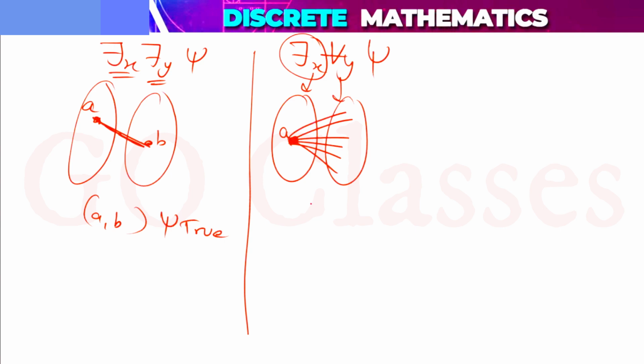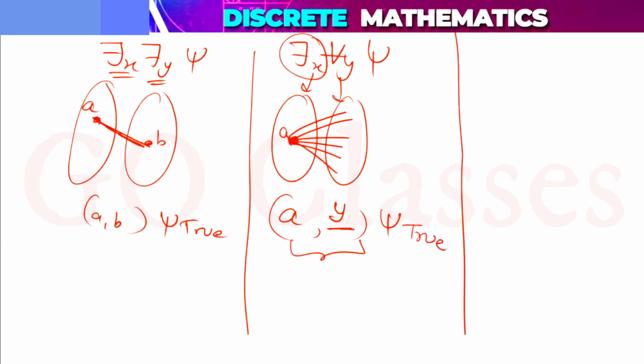And for all these pairs, where this is a and you can take everyone from y, basically you can put the complete y here, for all these pairs psi must be true. This is the meaning of there exists x for all y. It means there exists someone here, with whom you should be able to take everyone, such that for these pairs psi is true.